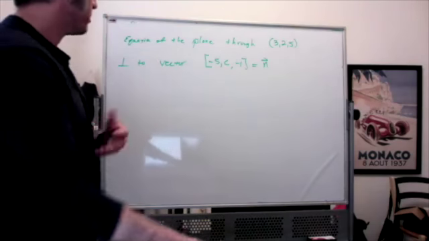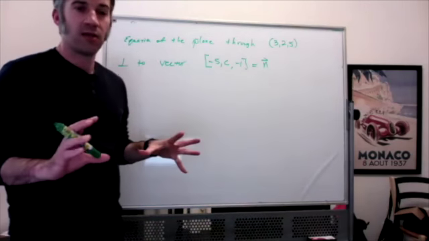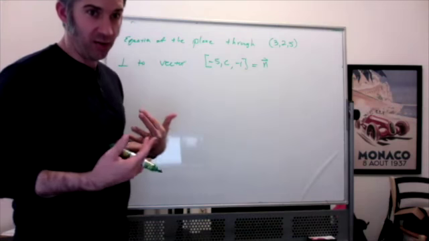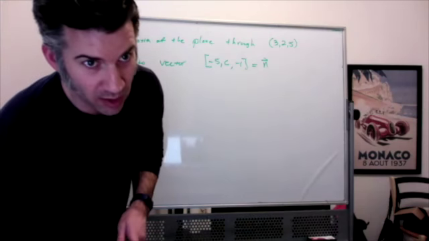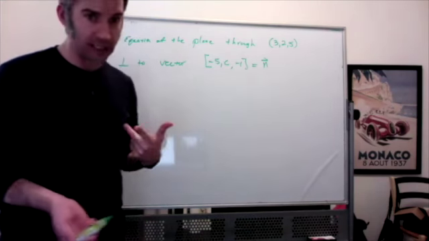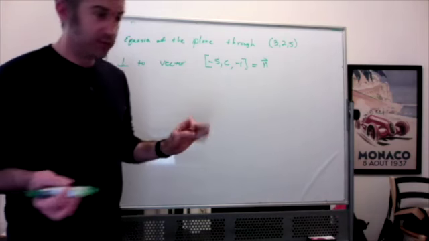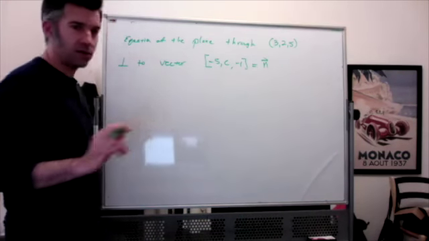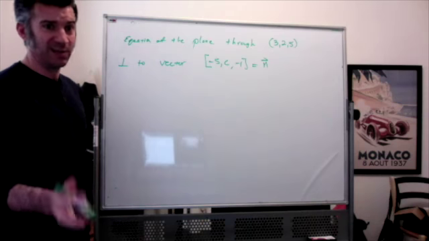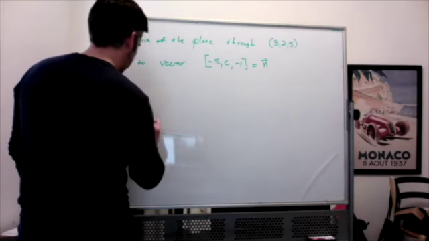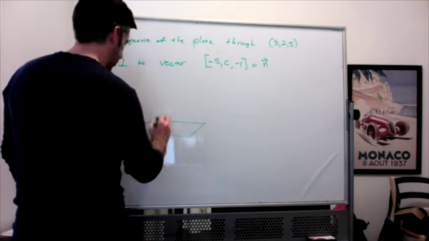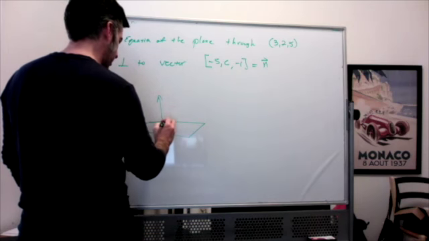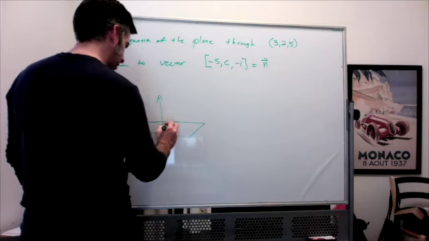So there's a lot of explanation that goes with a problem like this, but the calculation is actually really easy. So let me show you the easy way, and then let me do the explaining afterwards. We've got a plane, and you've got this vector sticking out of it, and this vector is perpendicular to the plane.